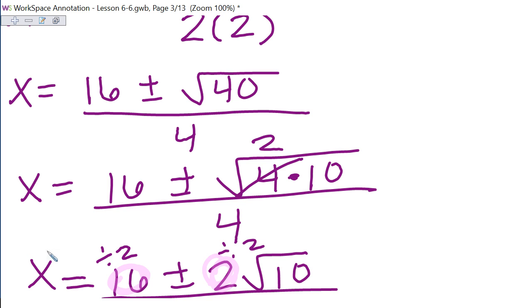So what's 16 divided by 2? 8 plus or minus, what's 2 divided by 2? 1. So this is just 1 square root of 10. And in the denominator, what's 4 divided by 2? 2. So there's our final answer. 8 plus or minus square root of 10 in the numerator and a 2 in the denominator.